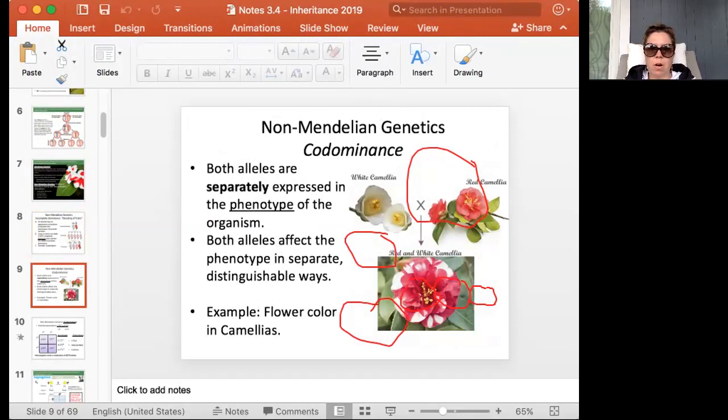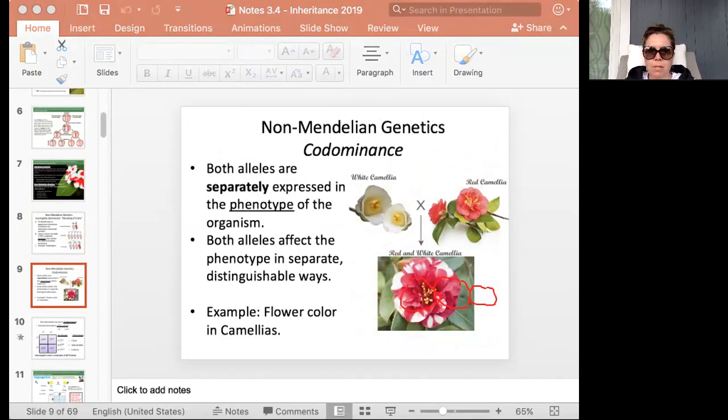For our next section, this one is called Codominance, and apparently I have to delete these little marks. That's going to be irritating. This is called Codominance, also another example of non-Mendelian genetics. As you can see, we're looking at a similar example.